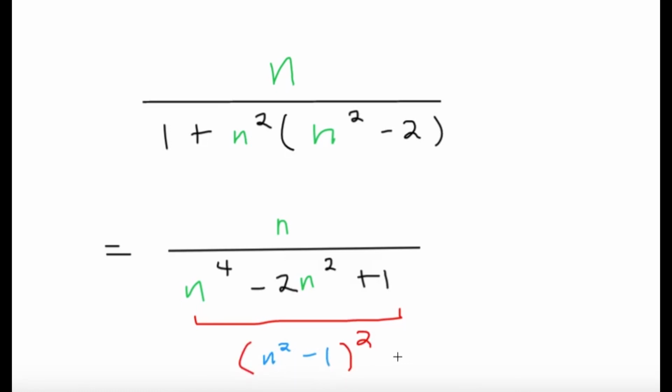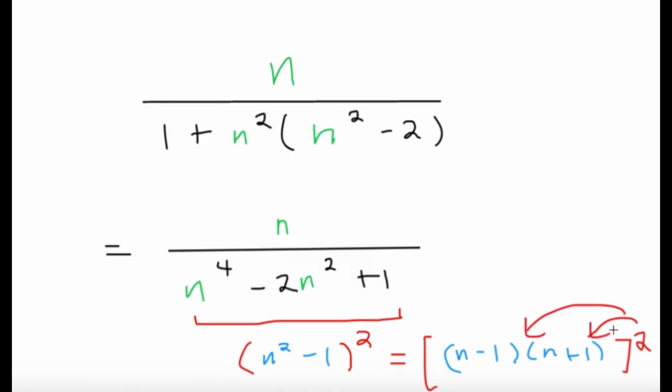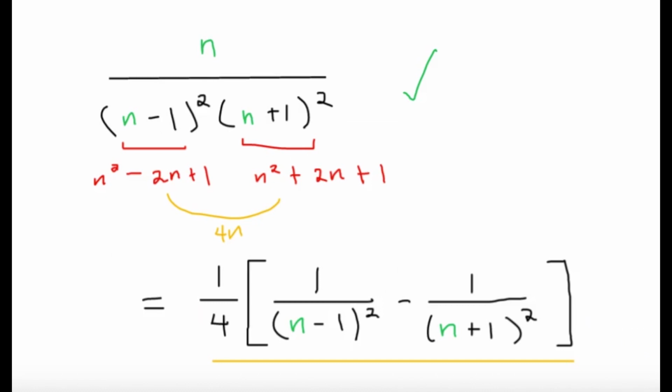And the n squared minus 1 inside is still factorable into (n minus 1) times (n plus 1). So the denominator is equal to this thing entire squared. In factored form, it's going to look like that. Let me distribute the exponents so that every term is of this format now: n over (n minus 1) squared times (n plus 1) squared.